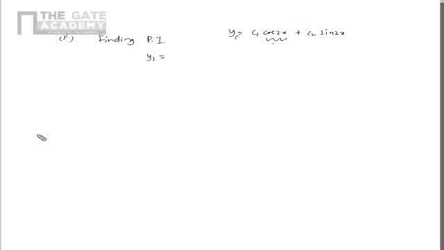So this is your y1 and this is your y2. As we said while describing this method, y1 and y2 are the solutions of y double dash plus p y dash plus q y is equal to 0. So y1 is cos 2x and y2 is sin 2x.